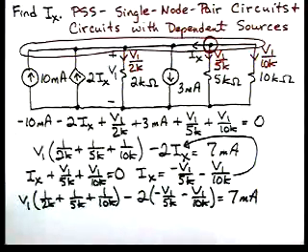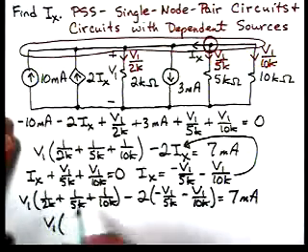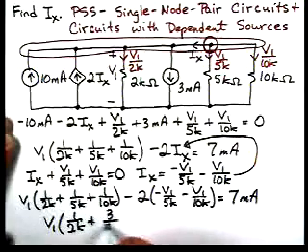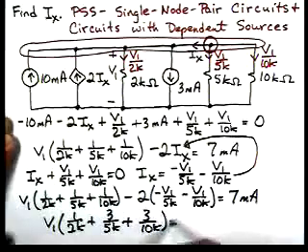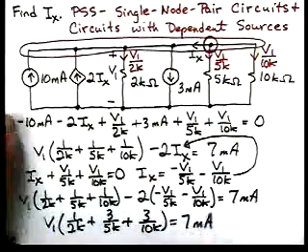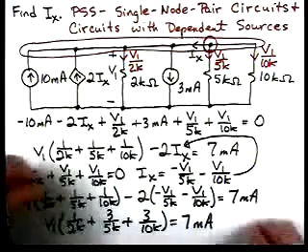If we collect up terms and simplify, we'll have V1 times the quantity 1 over 2K plus 3 over 5K plus 3 over 10K is equal to 7 milliamps. We need to continue to simplify that so we can solve.